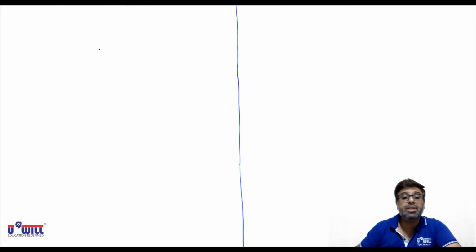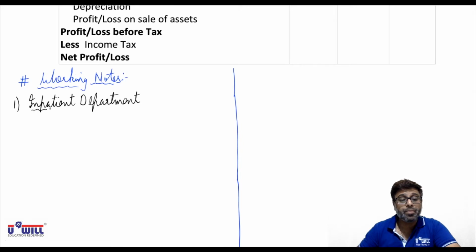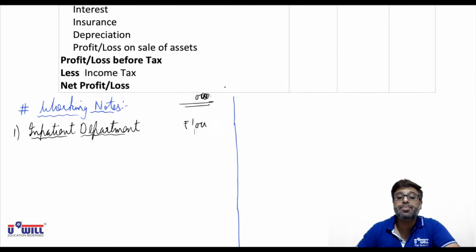First, we make the working note of inpatient department. All the items marked as IPD will be considered rupees in thousands. Generally, we have rupees in thousands in all the questions.